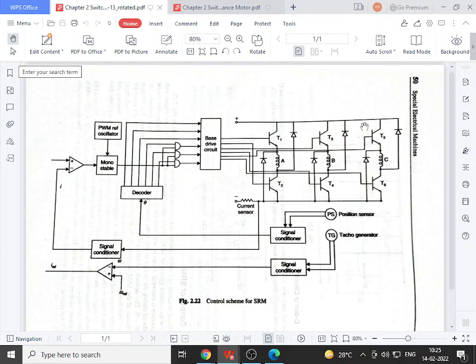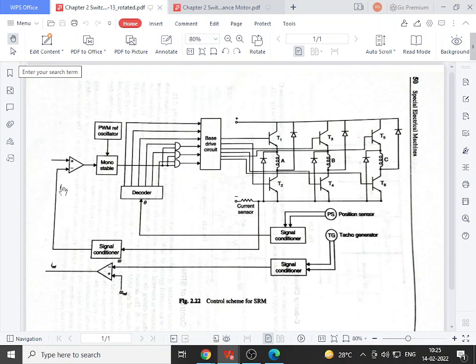So depending upon the type of power switches used in the power converter circuit, there are either base driver circuits or gate driver circuits. These base driver and gate driver circuits are excited by inputs provided from the rotor position sensor and the tacho generator, that is, the position of the rotor and the speed of the SRM.